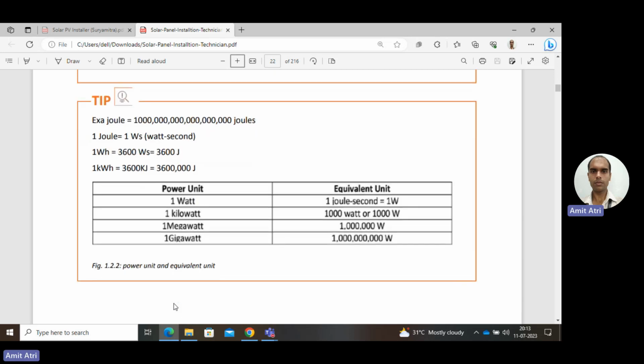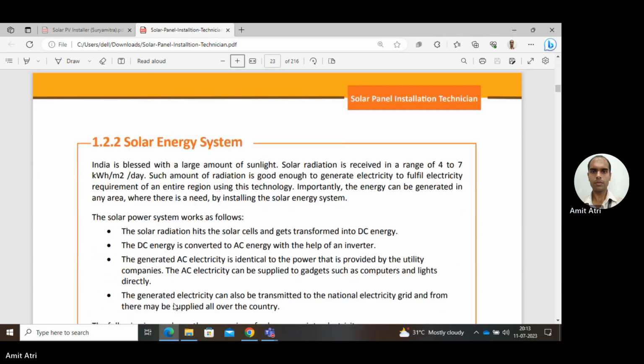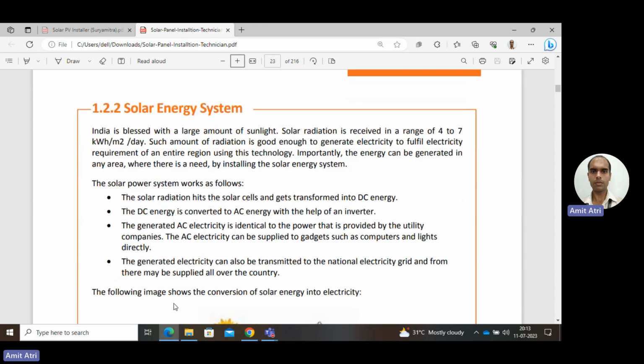Okay, now the solar energy system. The solar radiation available depends from one location to another location. On an average in India, about 4 to 7 kilowatt hour per meter square of energy is received in one day.